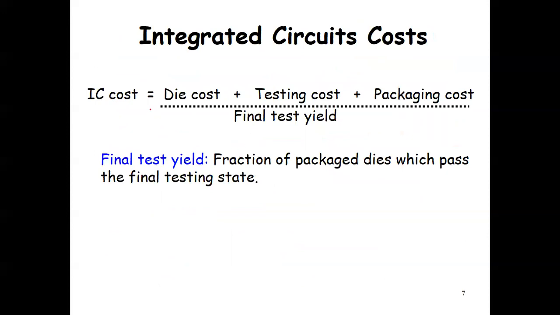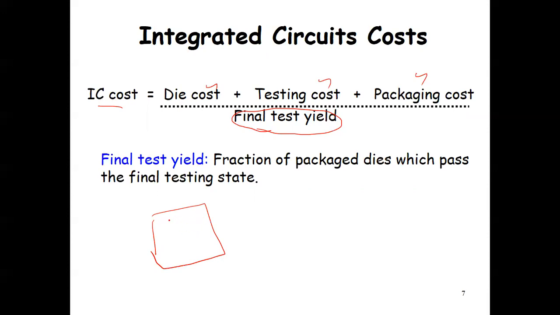So the cost of an IC, the integrated circuit cost, is calculated based on die cost, testing cost, packaging cost, and final test yield. What is this final test yield? Die is the semiconductor material on which the integrated circuit, the transistors, will be placed, right?